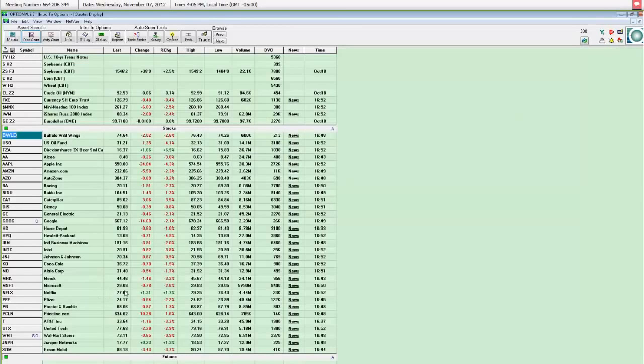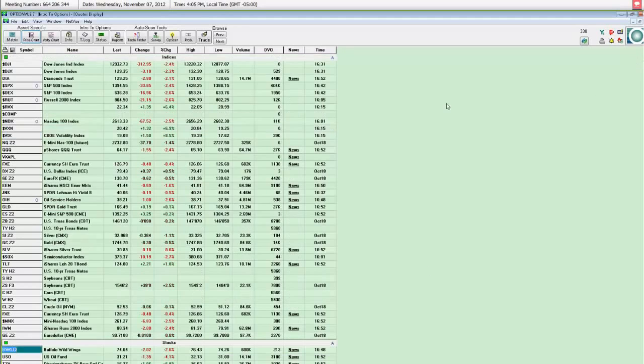So that was Buffalo Wild Wings. And of course, we've got Google, Amazon, IBM, you name it. We also have the major market indexes like the S&P 500, the NASDAQ 100, and so forth. And we can trade options in those.